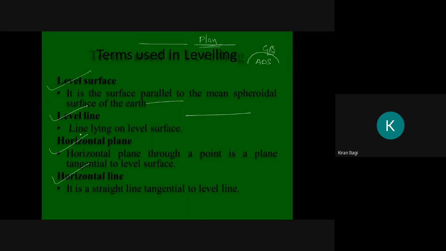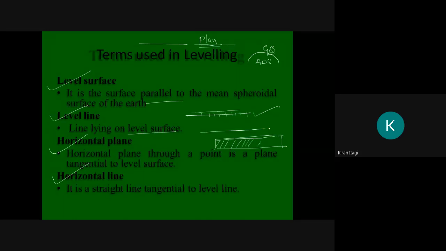Level line is a line lying on the level surface. It can be your land or your building. Say this is a slab, this is also a level surface.